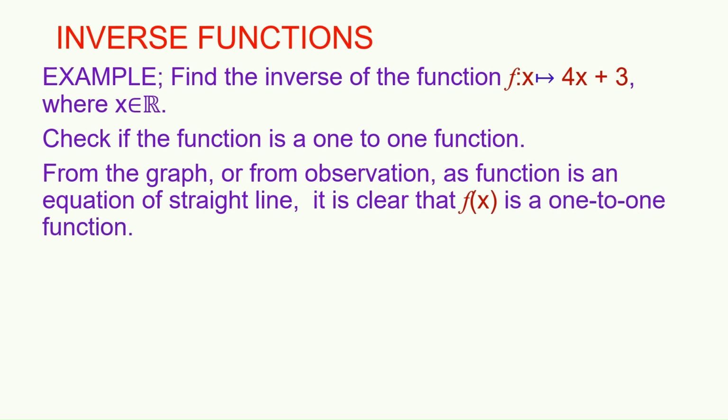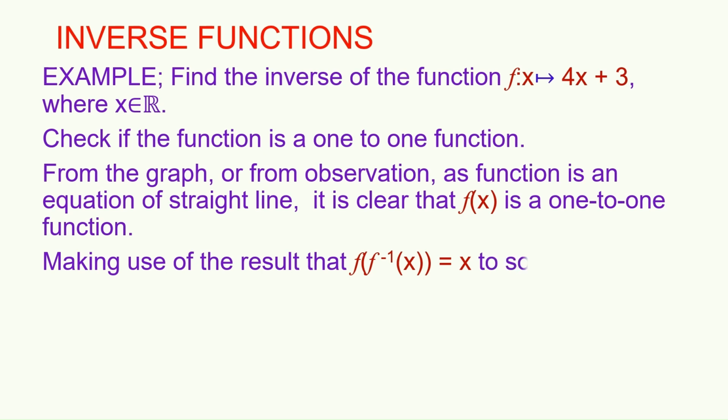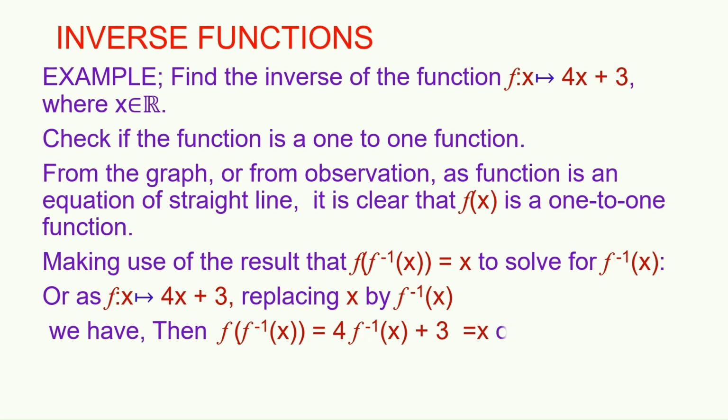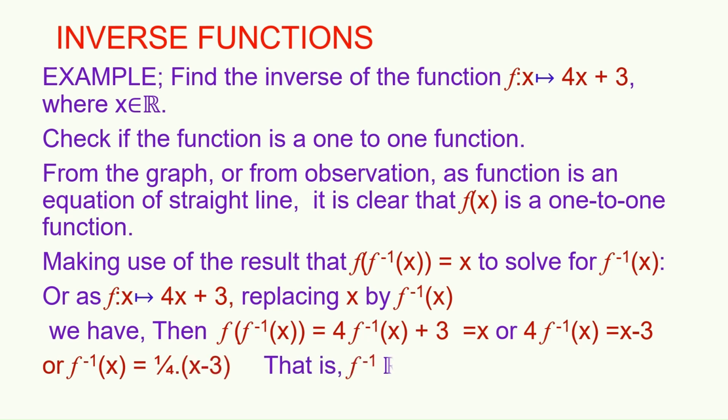Making use of the result that f of f inverse of x equals x to solve for f inverse of x, as f of x is 4x plus 3, replacing x by f inverse of x, we have 4 times f inverse of x plus 3 equals x, or 4 times f inverse of x equals x minus 3. Or f inverse of x equals 1/4 times x minus 3.